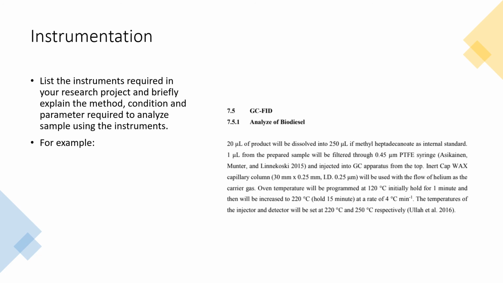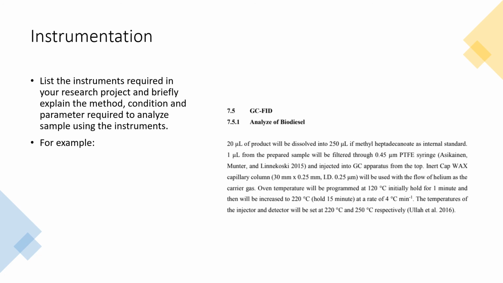And then for the part of instrumentation, you go back. Dalam method tadi, what instrument you use? So you senaraikan balik. For example, one of the instrument is GCFID. So for the GCFID, you kena buat karangan. This GCFID is to analyze the biodiesel. The method used for the GCFID ni semua ni.